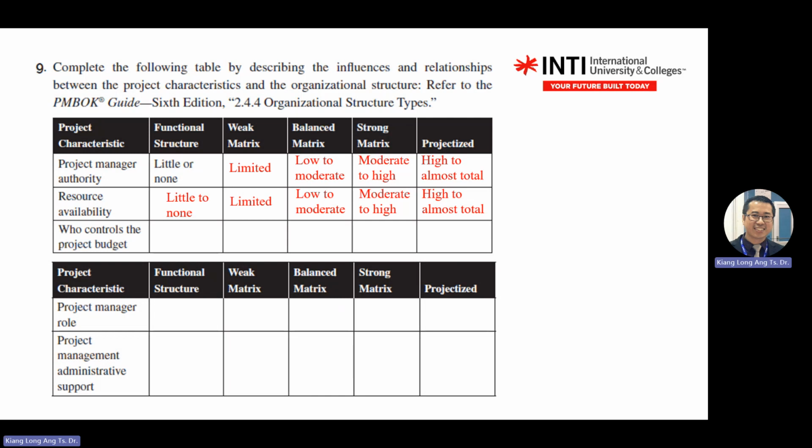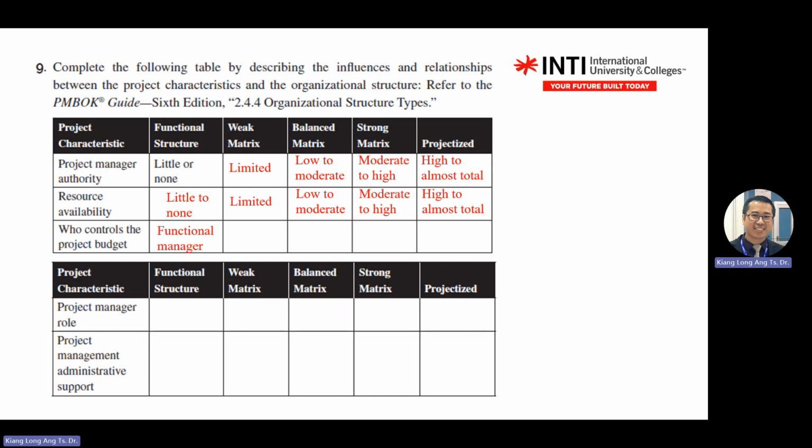Okay. Who controls the project budget? This one you have to know. So traditional will be the functional manager. What do you think over here? Projectized? Projectized is who? PM, yes, PM. And balance one is who?